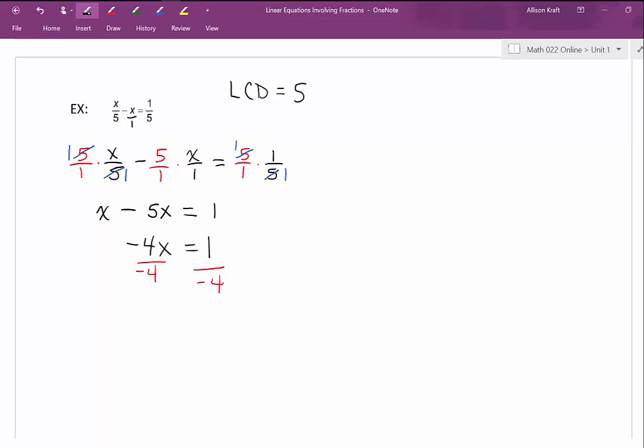On the left, my negative 4's cancel out, leaving me with 1x. On the right, I asked myself, well, does 4 divide into 1? No, it doesn't. That tells me that my answer is going to be a fraction. Now I just need to simplify that fraction if possible. 1/4 is already a simplified fraction, so my answer is x equals negative 1/4.